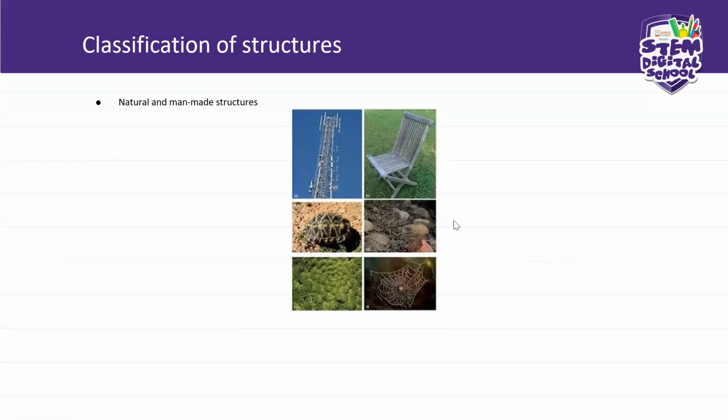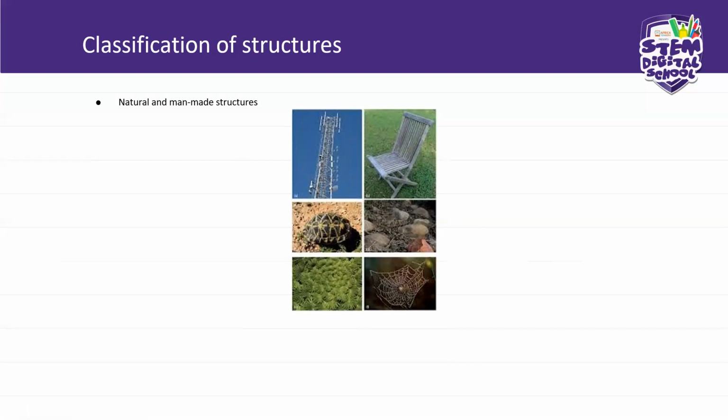This one is a natural structure, natural structure, natural structure.